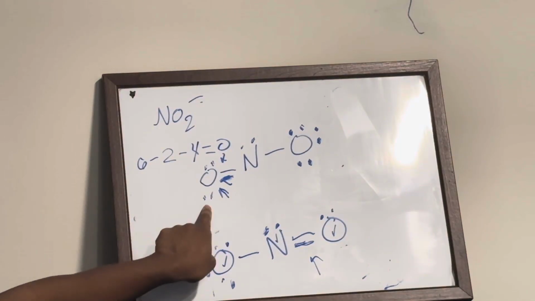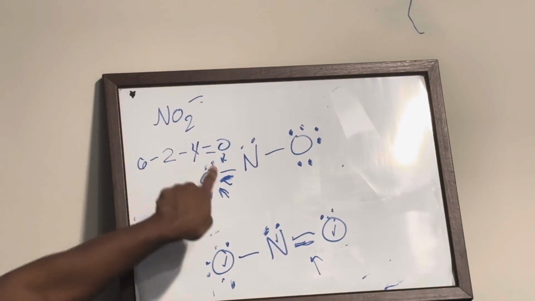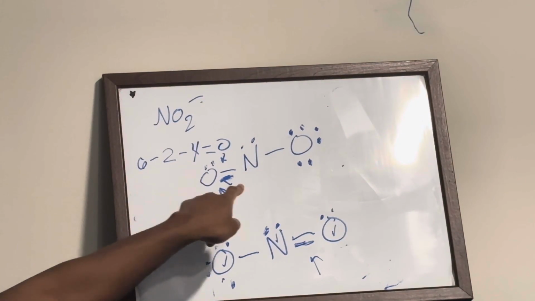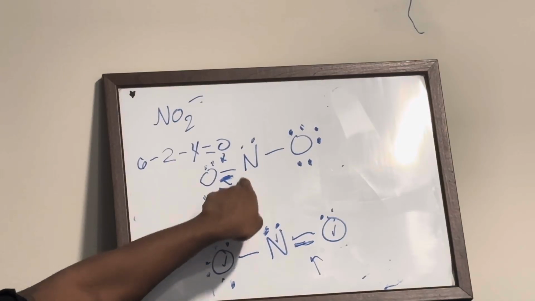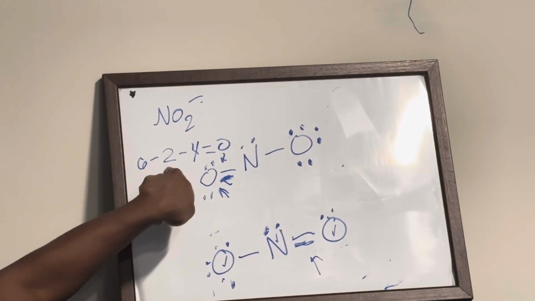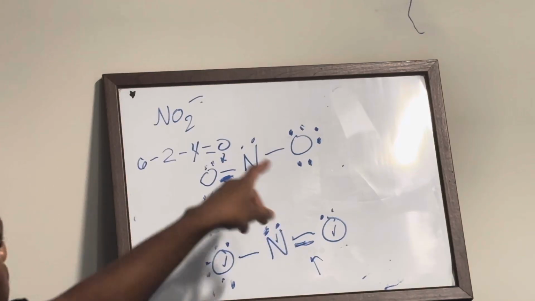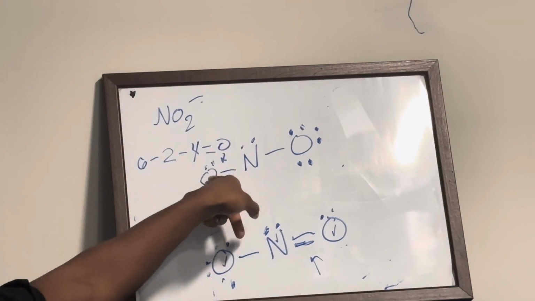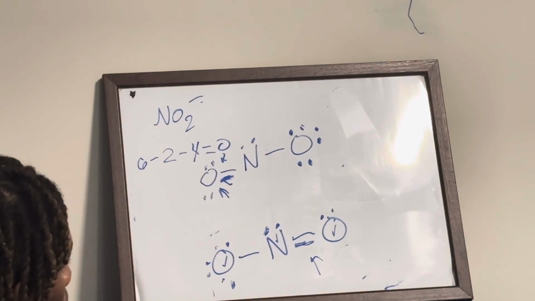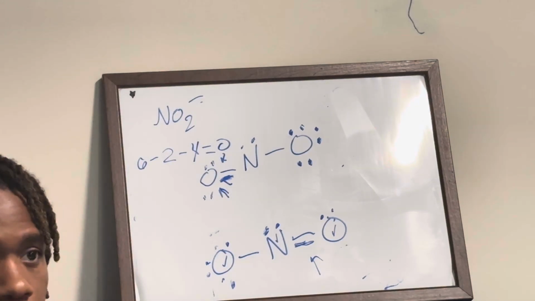So 2, that gives us 4. And then these have 2 bonds, minus 2. And 6 is the original. So that gives us a 0 charge for that one. Okay? And then we're going to check N.